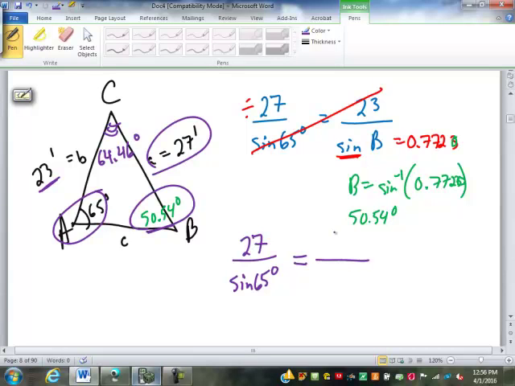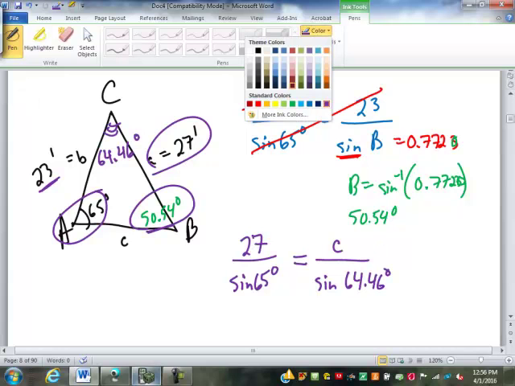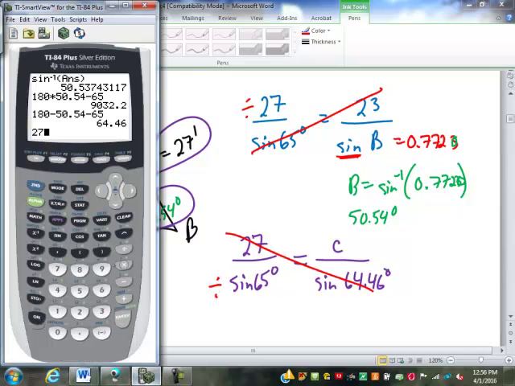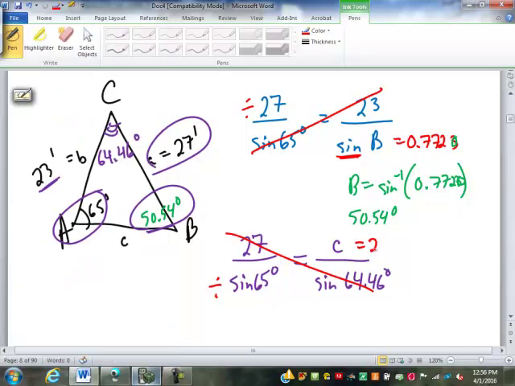So now this is going to be side C over the sine of 64.46 degrees. So we'll cross multiply and divide. 27 times sine 64.46 divided by sine of 65. 26.88 for C. Does that make sense?